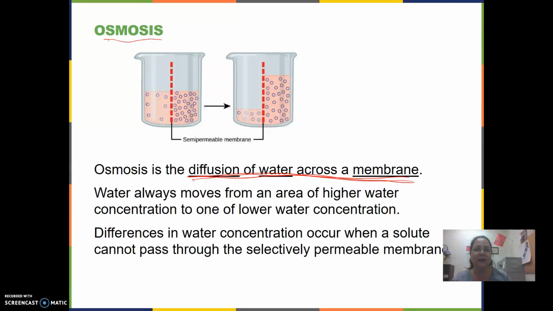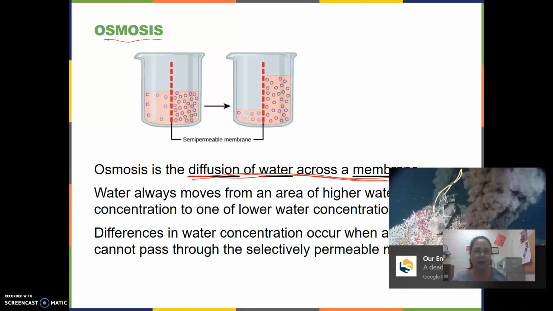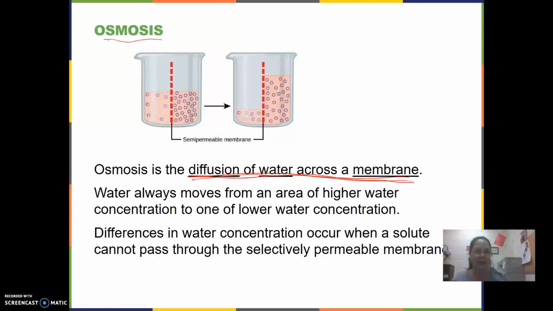But some solute is dissolved in water, and that solute is too large to be transported across the membrane. And there are no channel or carrier proteins for that solute. So instead of the solute moving from its high to low concentration gradient, water is going to move instead, because the movement of water can change the concentration of the solution.